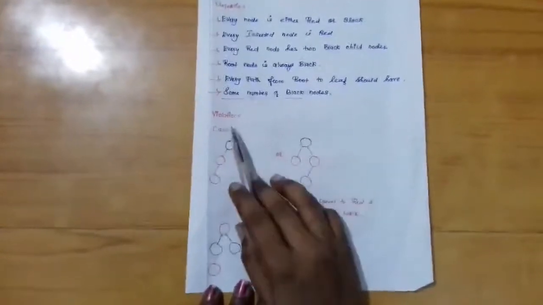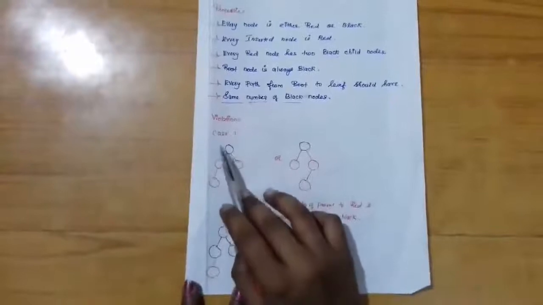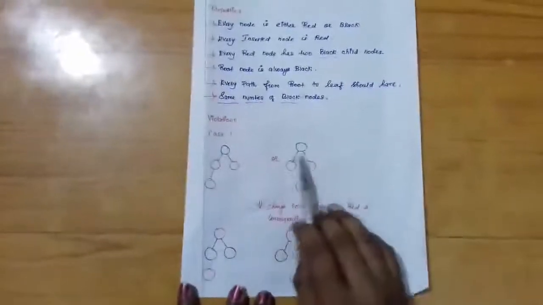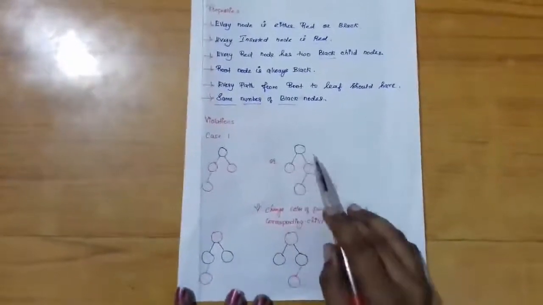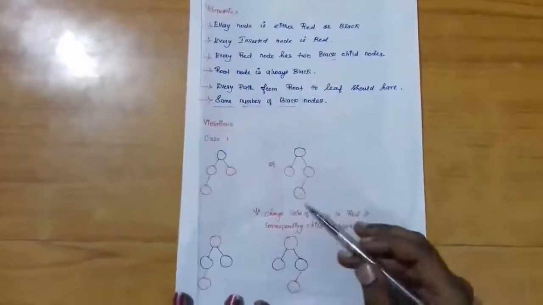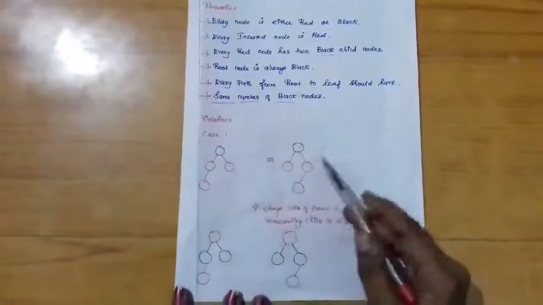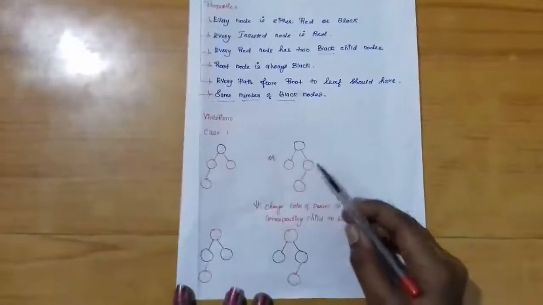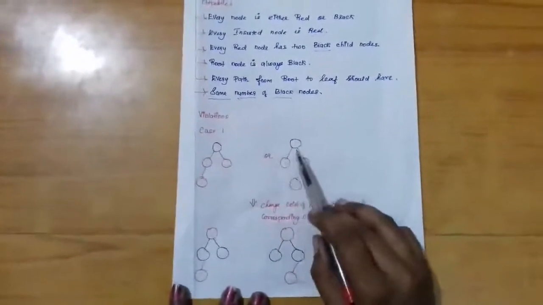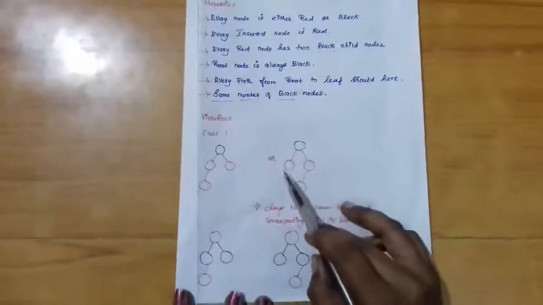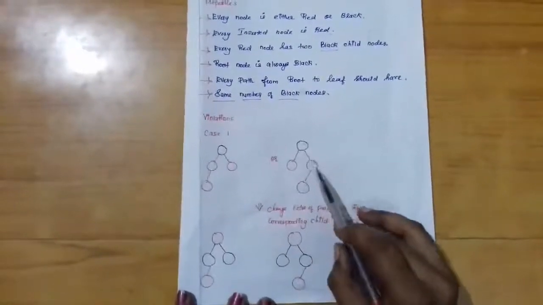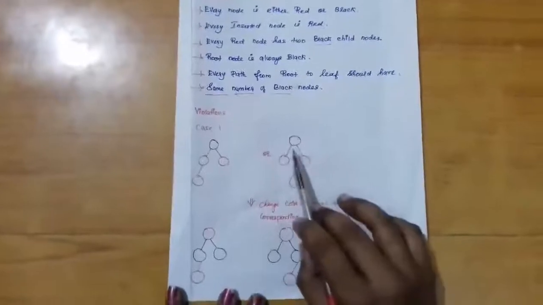We have a violation in three cases. In the first case, we have a property violation when we try to insert a red node as a child of a red parent. So in case one, we have a red-on-red relationship, where the left path has red subchildren only, and the right path also has red subchildren. So this is case one.